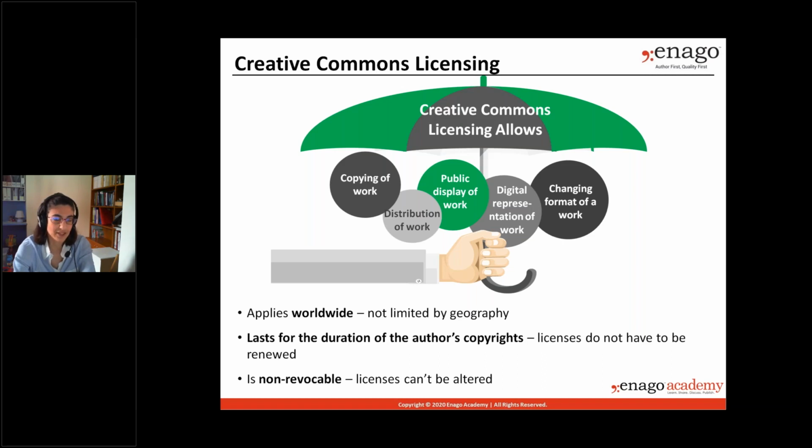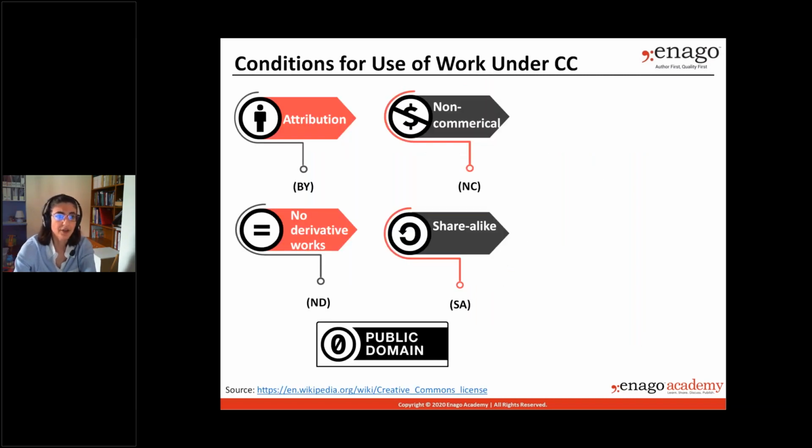These licenses generally don't have to be renewed, and they are not revocable, so licenses cannot be altered. There are, however, conditions for use of work under CC, Creative Commons, so you have additional subcategories or symbols if you want. You have the case of attribution.